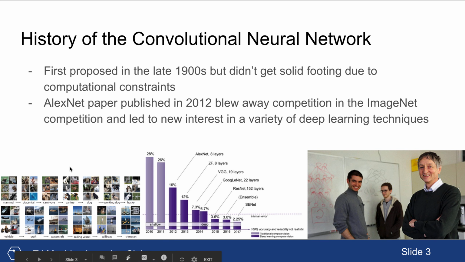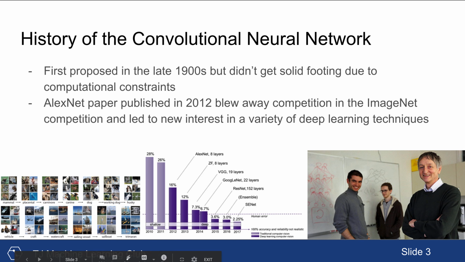In the ImageNet competition, there are thousands of categories of images. You can see some of them here. The goal of the competition is to get a program to output which category a certain image belongs to, right? So if you get an image of a dog, you have to output dog.